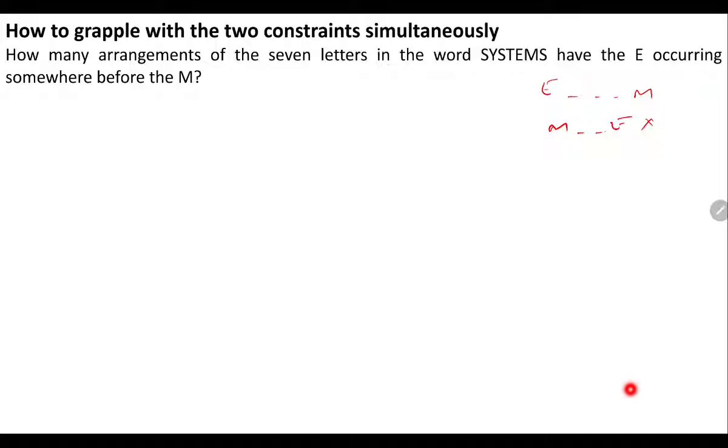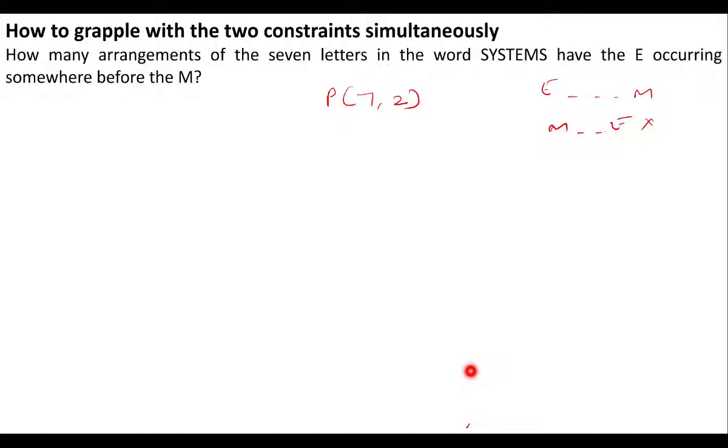Now if this condition is not there, and if I have to put E and M first, then the total possibilities are 7 positions are there, and out of these 2 positions need to be filled. But now you can observe that EM is allowed, with a gap, but ME is not allowed, which is same as saying that the order is fixed.